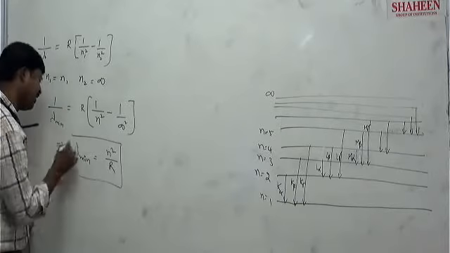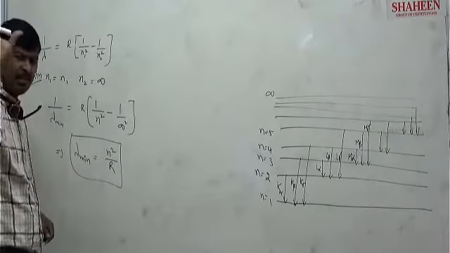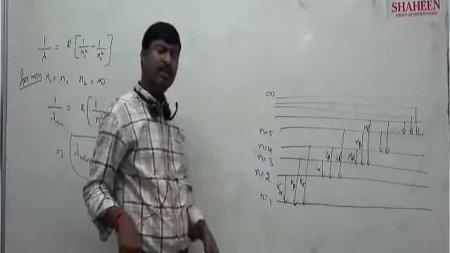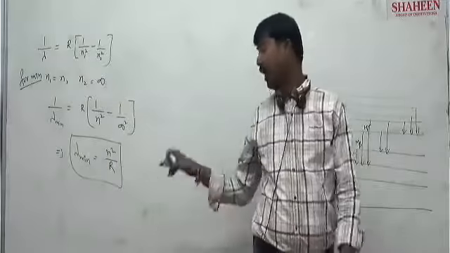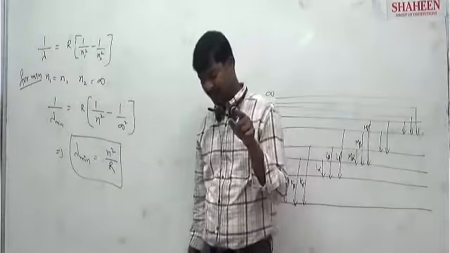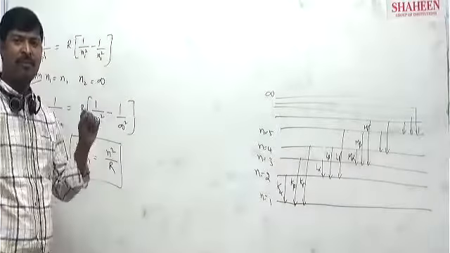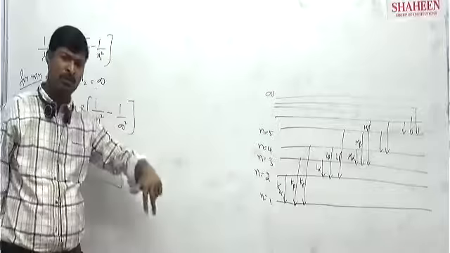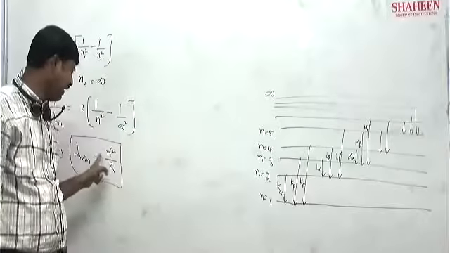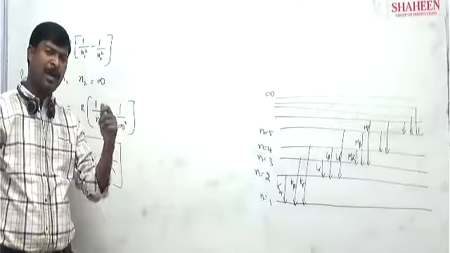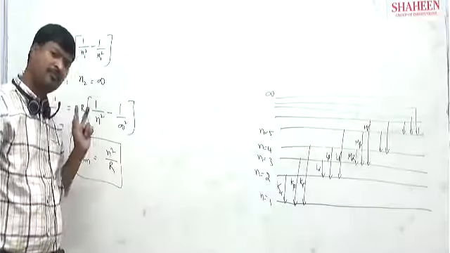For any series you take, the minimum wavelength emitted by that series will be n square by R. What is n? Lyman series, higher energy to ground state, means for Lyman series, n is 1. For Balmer series, n is 2. Paschen series, n is 3. Like that.